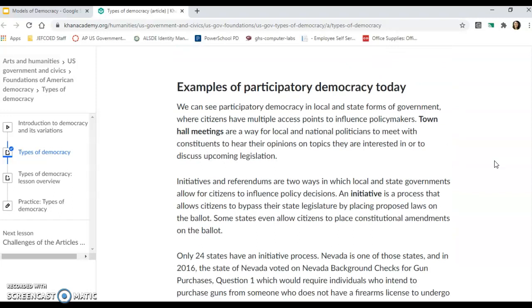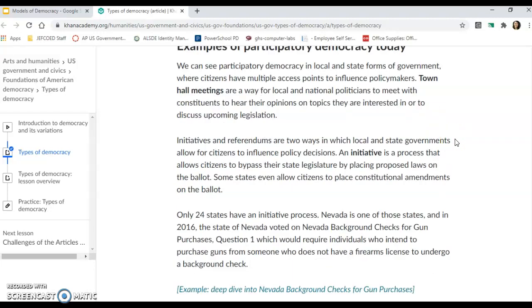Examples of participatory democracy, they talk about town hall meetings, anything where individuals are being heard on an individual basis. So it's a chance for them to have their voices heard and be understood and ask questions and things like that.